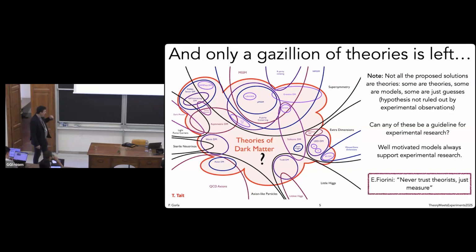So, and this is a quote from my master's thesis mentor: never trust theories, just measure. Of course, this is a little bit experimentally biased, but yeah, the story. Ettore Fiorini was one of the big figures in astroparticle physics in Italy, and he passed away a couple of years ago. The story he used to tell every student at the beginning of the thesis was, listen.